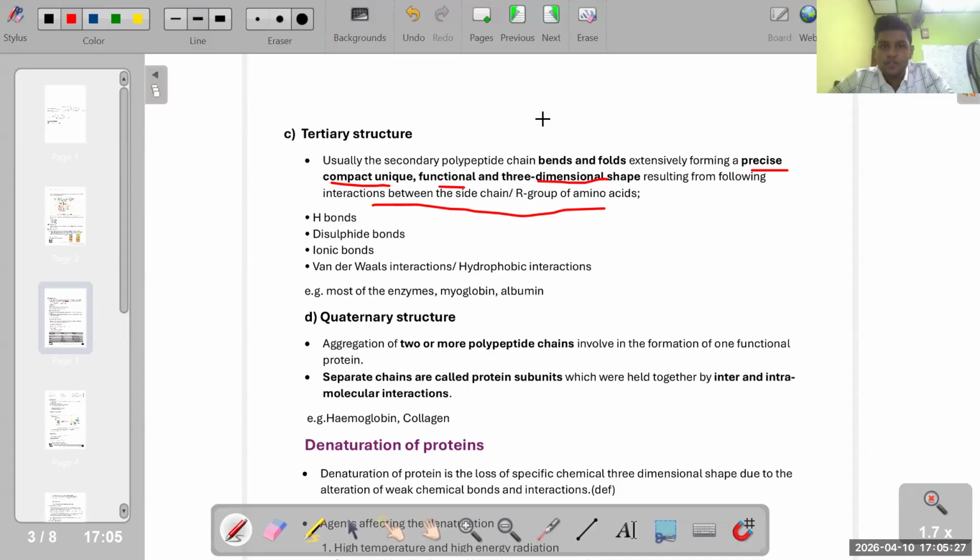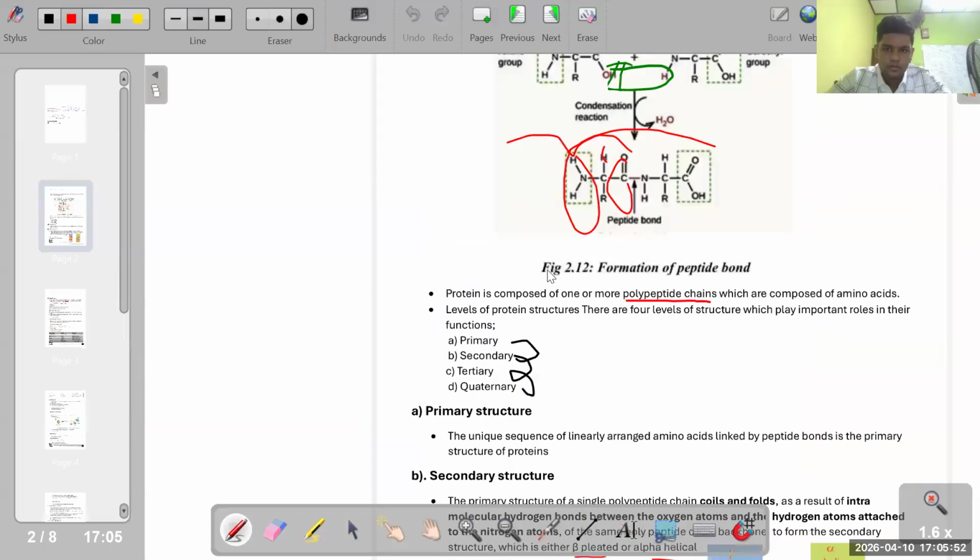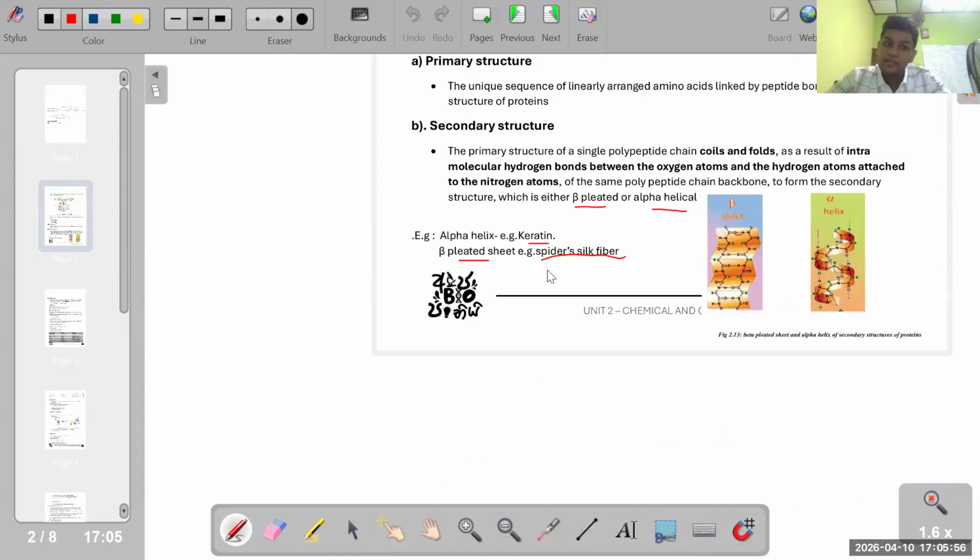So what type of bond was present between the oxygen atom and the hydrogen atom attached to the nitrogen atom? What was the bond that took place? I drew it in the yellow color. Can you remember? In secondary structure, only one type of bond was spoken. What is it? No, the peptide bond was before that, during the amino acid formation.